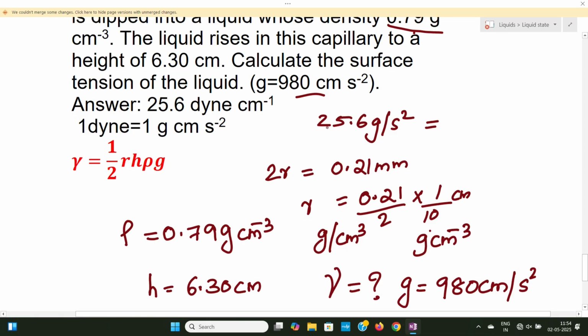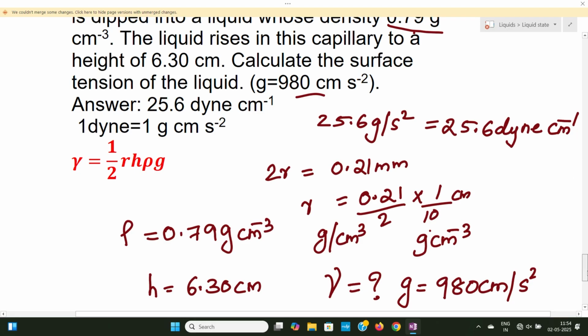Therefore, there is no change in the value, that is 25.6 dyne. Then the gram got cancelled and we have the centimeter here, therefore this will become centimeter inverse.